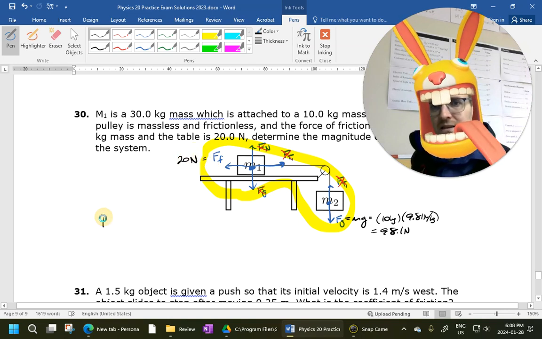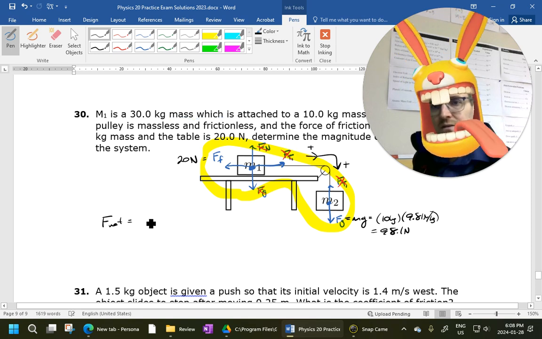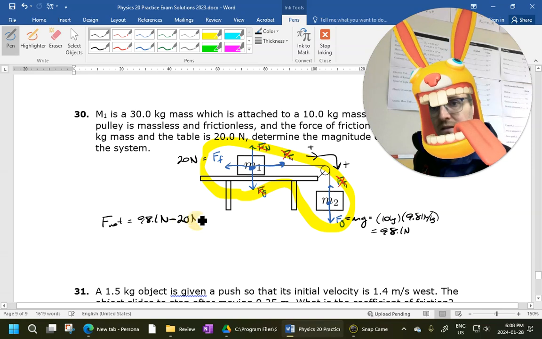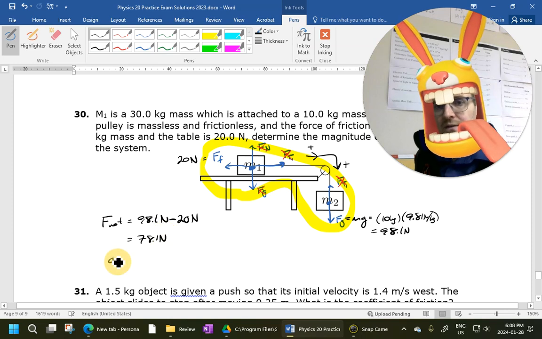So my F net is the sum of all these forces. I need a sign convention here. Let's just say down that way is positive. So then we're going to have 98.1 newtons minus this 20 newtons that's inside the circle here, right? So we get 78.1 newtons. Now I want to find my acceleration.